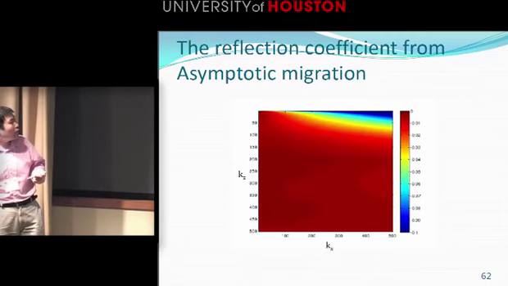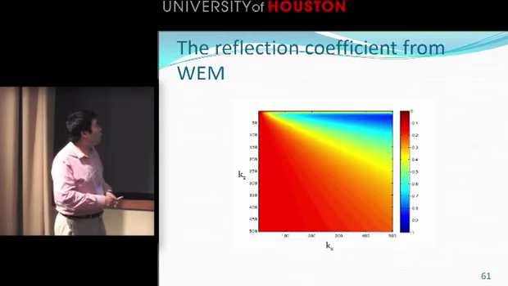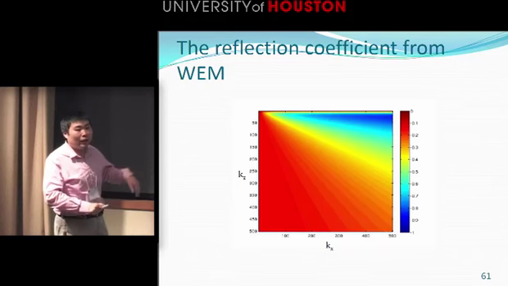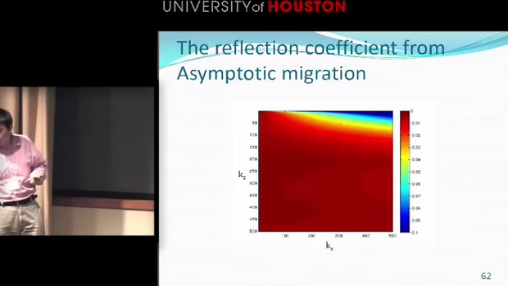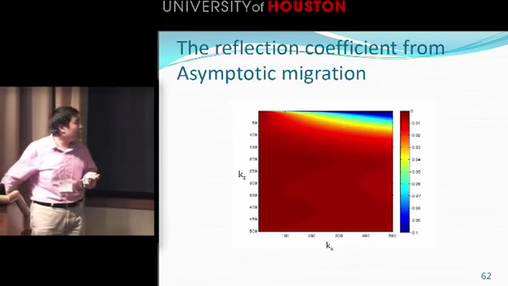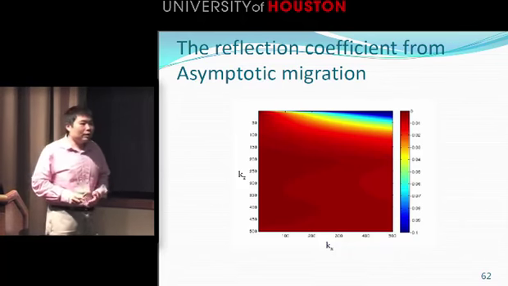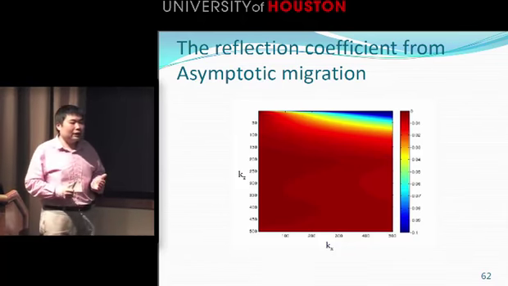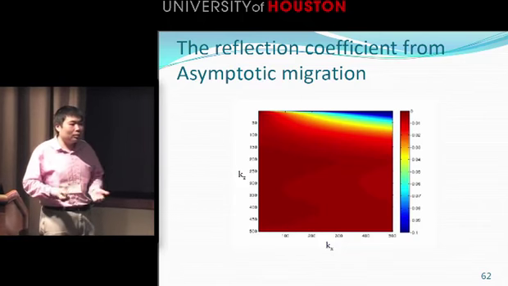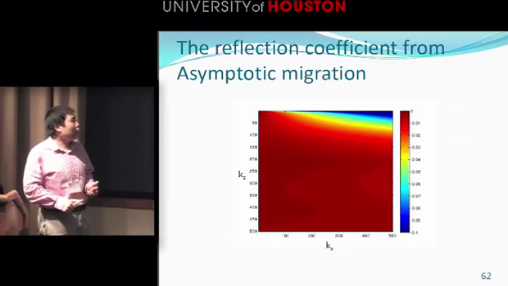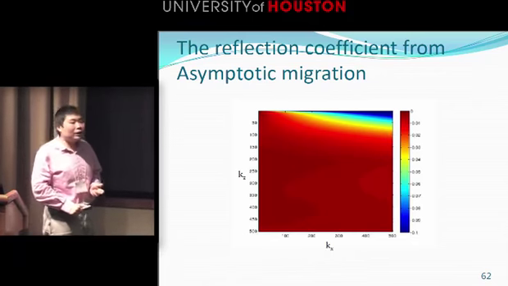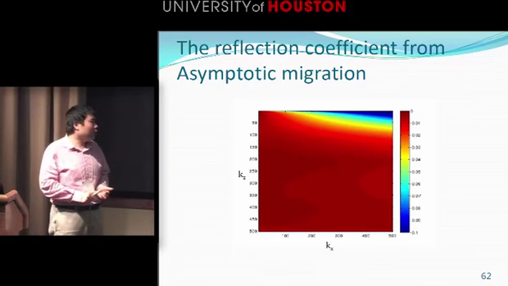We have the lower value here, larger value here, but we miss the most important feature, that we have constant reflection coefficient for constant angle. We do not have that in this result. So that means that even if we provide further assumption or information to help the asymptotic migration get angle-dependent amplitude information, we can still not get that.